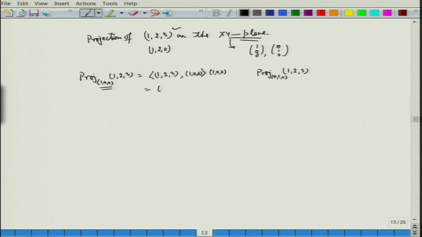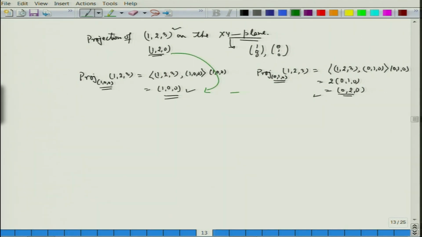So this is same as 1 0 0, you can check here. If I look at this, this is 1 2 3 into 0 1 0. Again the length of this vector is 1, so nothing to do. 0 1 0, which is 1 into 2 times 0 1 0, which is 0 2 0. All right. Fine. So if we look at 1 2 0 is basically sum of this and this. Fine. So this is equal to this and this together. That's all. Fine. 1 0 0 plus 0 2 0.